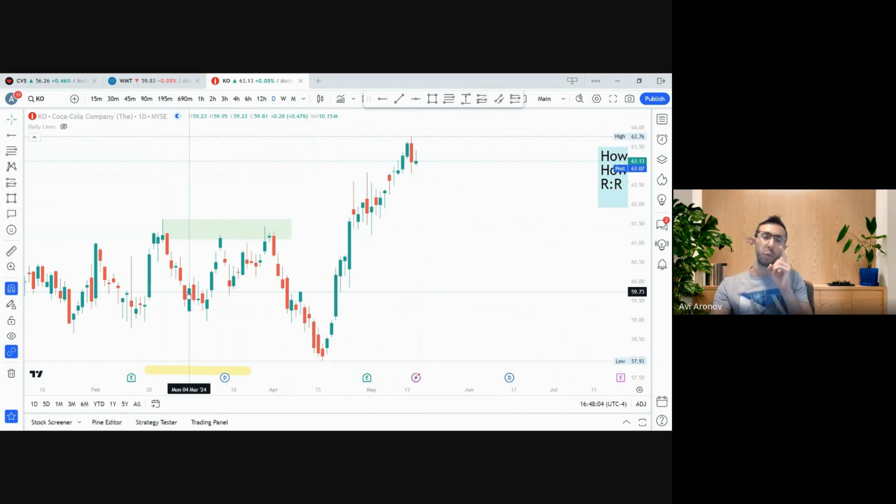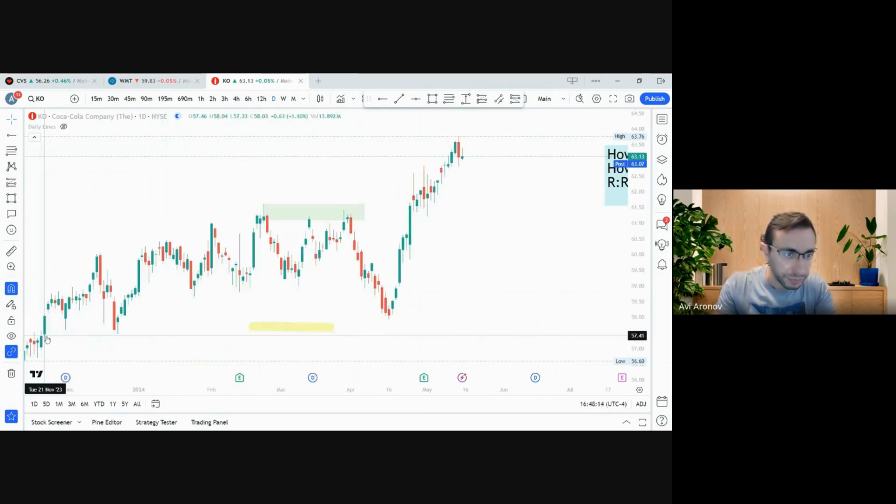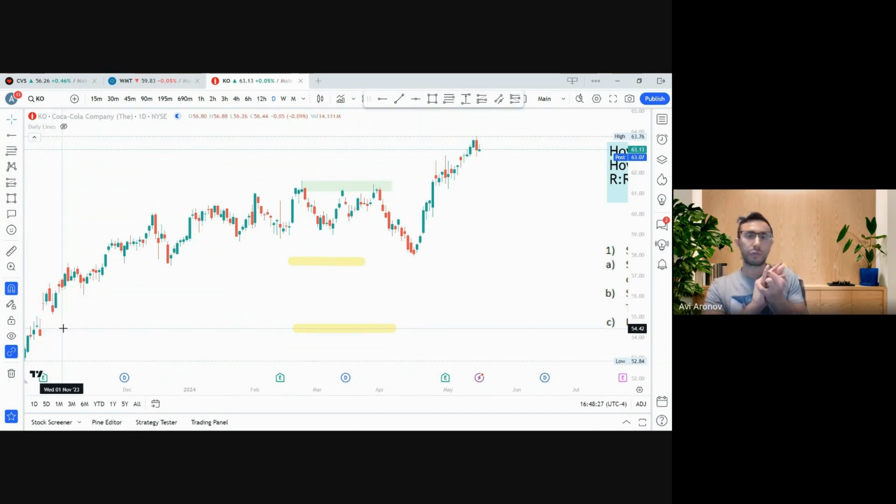So this wick is on the top, and then it came back. If it were opposite, like in here, because it's red and almost the same size as the green, then it's not a good zone for us.